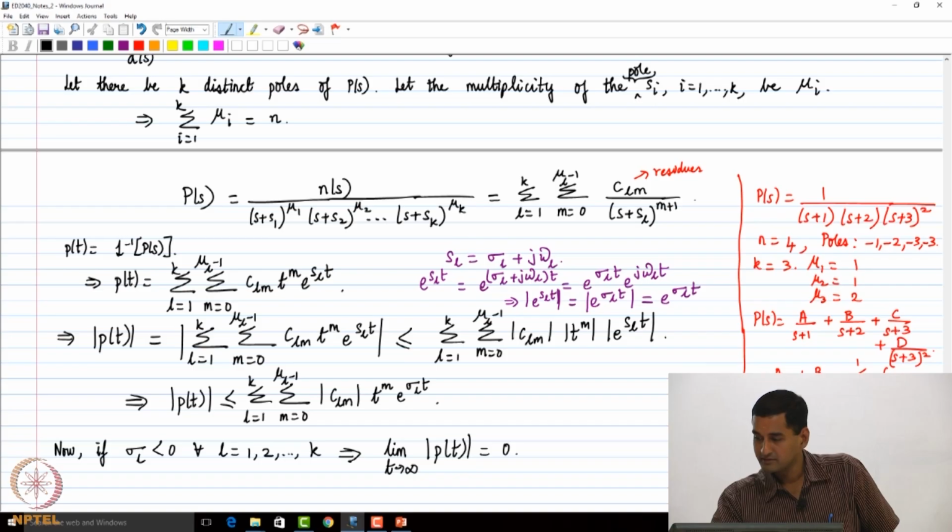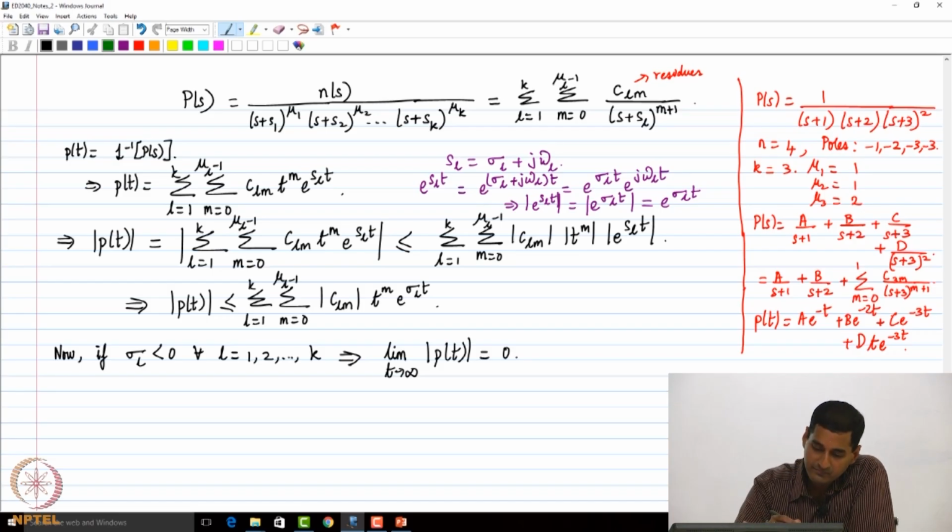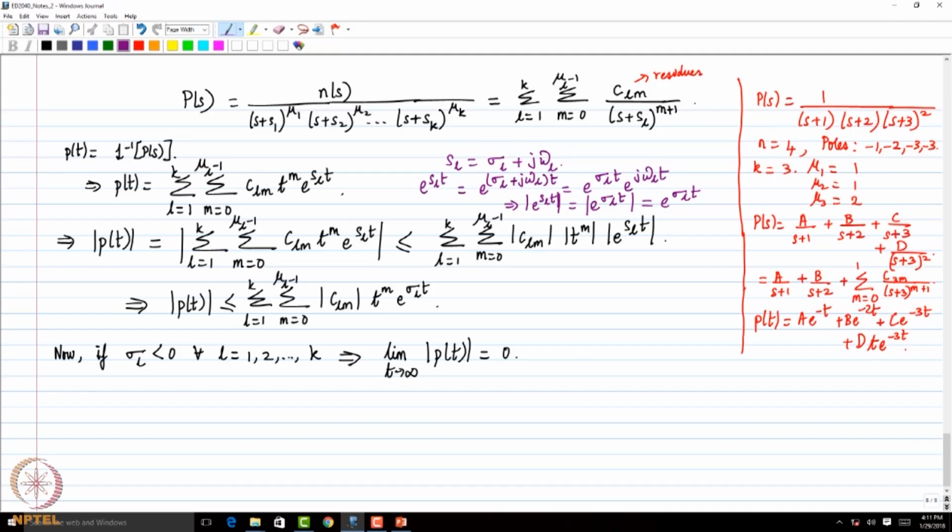Yes, please. Can we take that the magnitude of e power sigma L t is nothing but the magnitude of e power sigma L t? Okay, let me, I just skipped one step there. So, if I take the magnitude of e power s_L t, it's going to be equal to the magnitude of e power sigma L t times e power j omega L t, right?